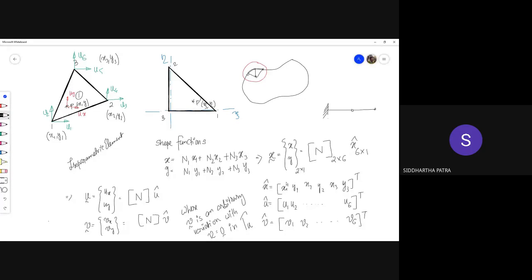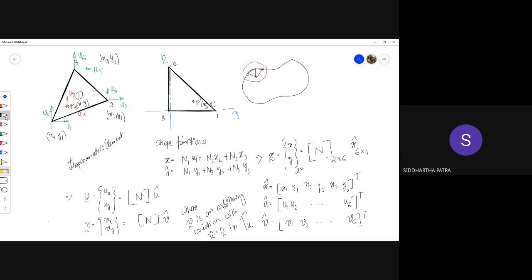So now, how would the N matrix look like? As you can see, the x coordinate only needs the nodal x coordinates. Similarly, if I were to map ux, I only need u1, u3, and u5. How do I ensure that?